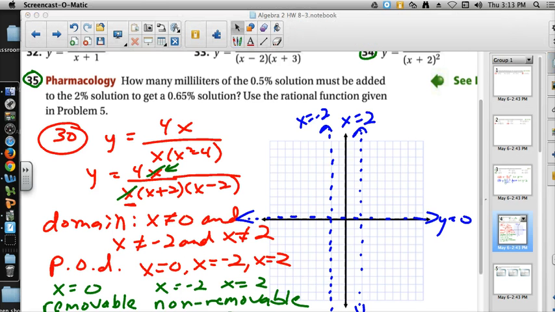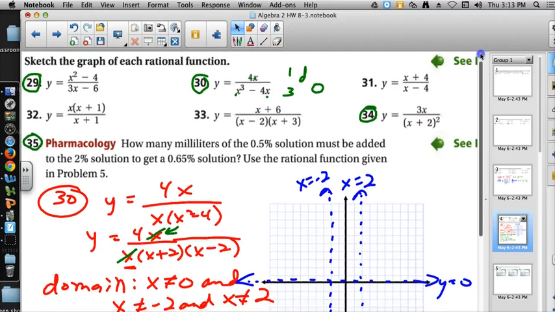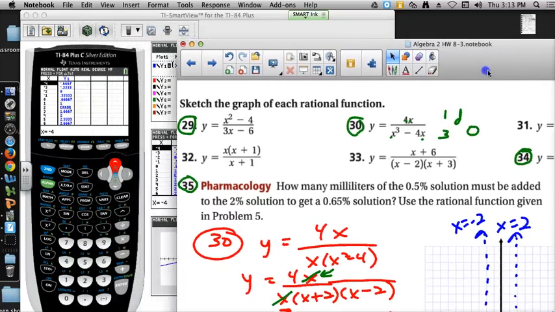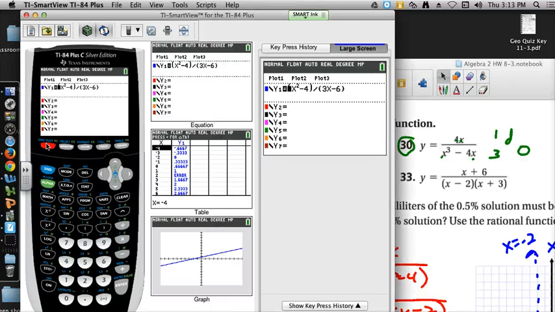All right, now what I need to do is grab a calculator because remember, I can't put any points on this one. My x and y intercepts were both undefined. So I have to grab the calculator and let's go back and take out the graph we were looking at earlier.